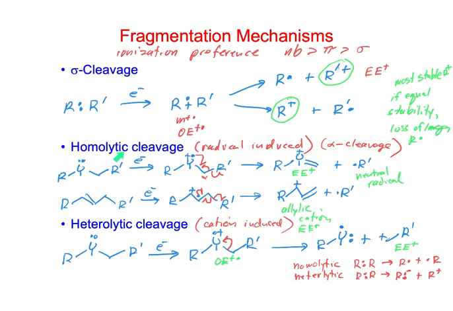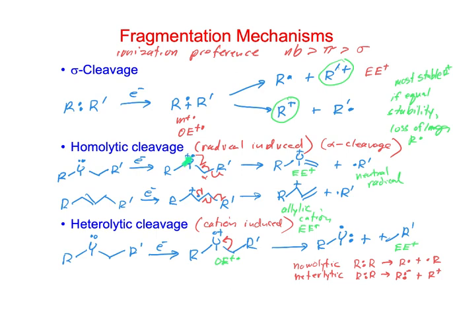The next one was this homolytic cleavage, also called an alpha cleavage. This often happens when we have non-bonding electrons like oxygen or nitrogen, or if we have pi bonds. Because it's homolytic, this is a radical mechanism, and it's the radical which triggers this.